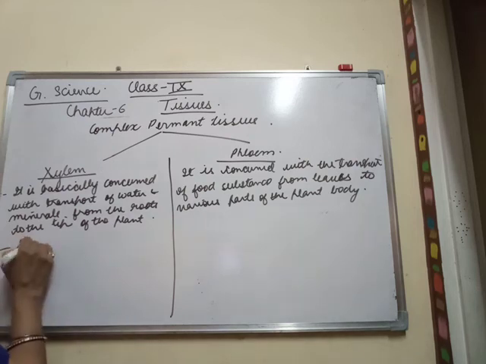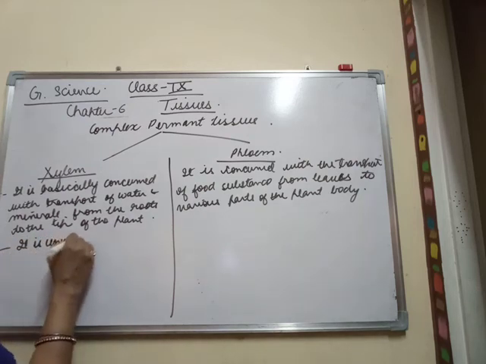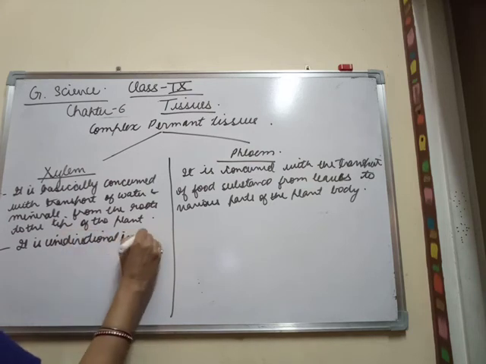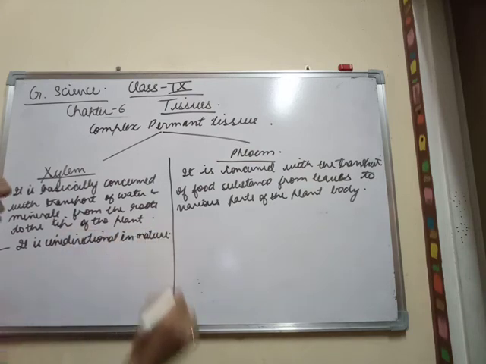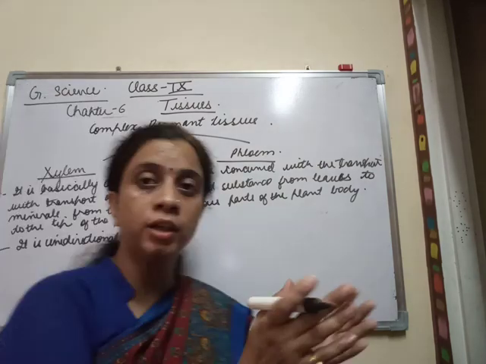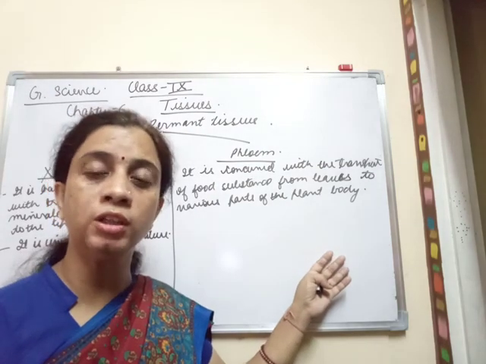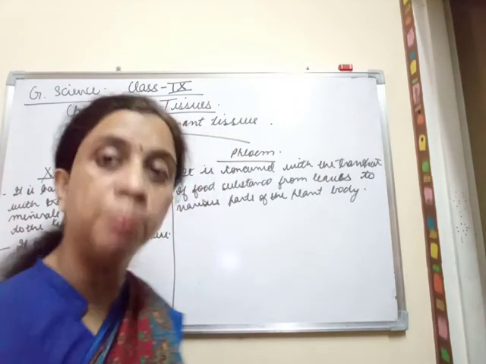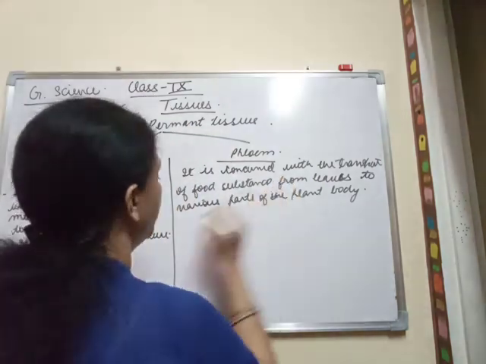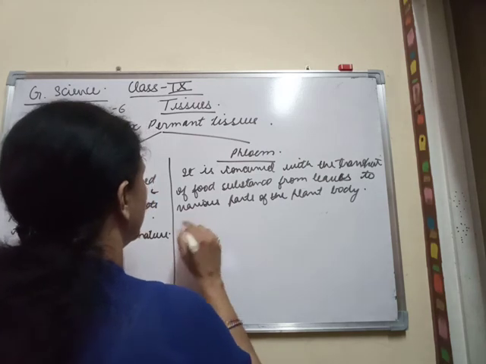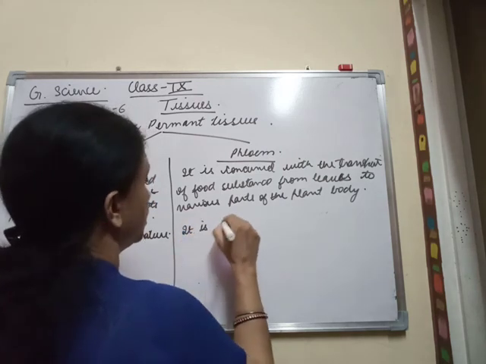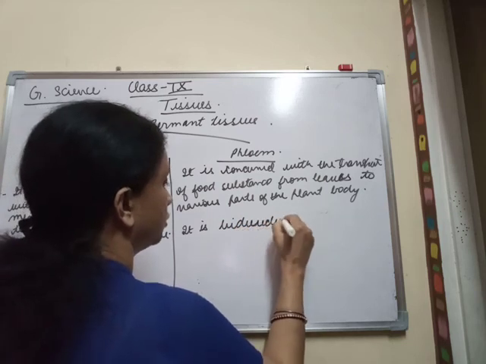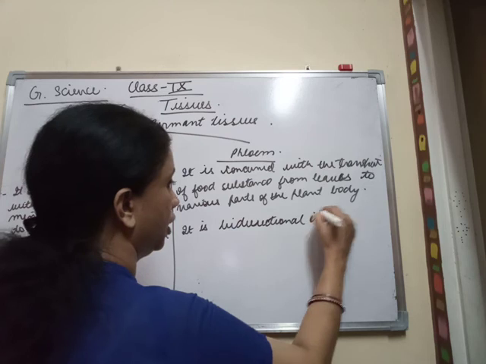But when we are talking about the phloem, leaves are going to provide food to each and every part of the plant body, hence these are bidirectional. Phloem tissue is bidirectional in nature.